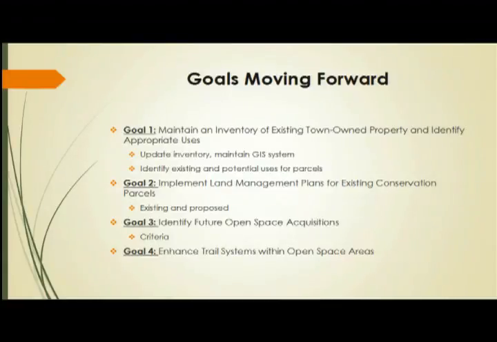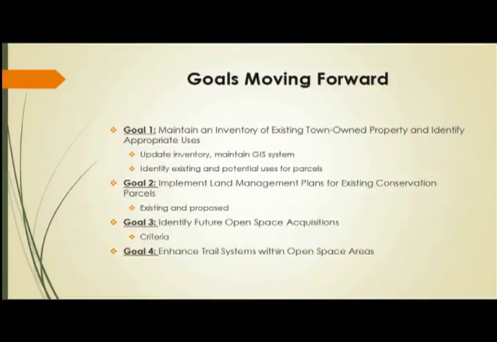There's a whole list of criteria for this rating sheet, going from acreage on a property, whether or not it abuts other conservation land, if it could be a cooperative project with other entities, if it's near wetlands or waterways, and if it contributes to recreation or even a housing need in the town, and enhanced trail systems within open space areas.